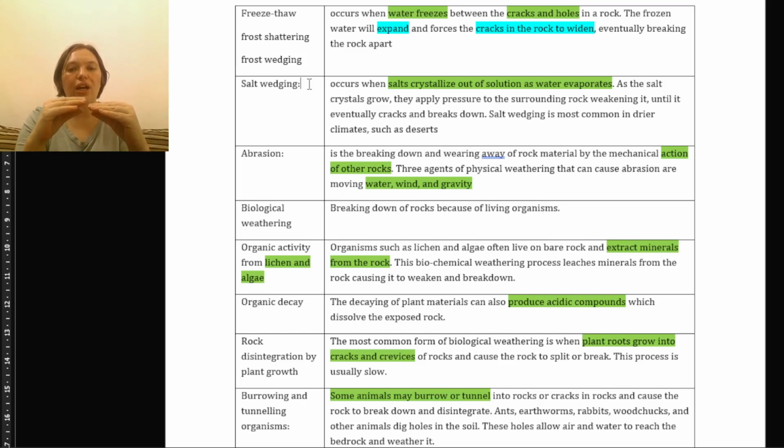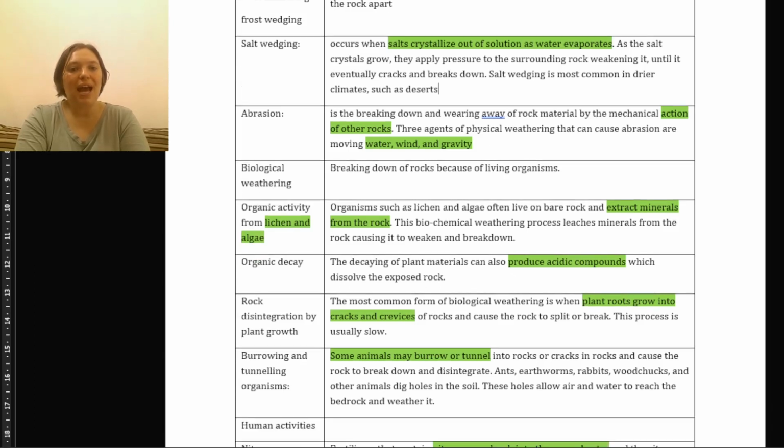The water evaporates and then the salt gets left behind. That's what it means when we say the salt crystallizes out of the solution of water. And then the salt crystals grow, and as they grow, they make the cracks bigger, which causes the rocks to get weaker and to crack. Salt wedging is most common in dry climates such as deserts.